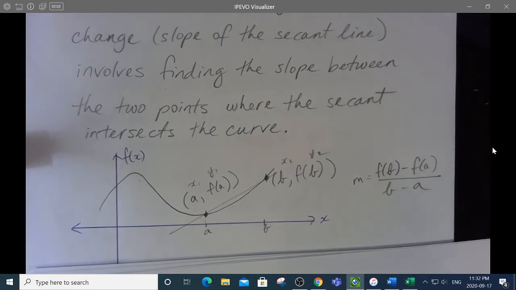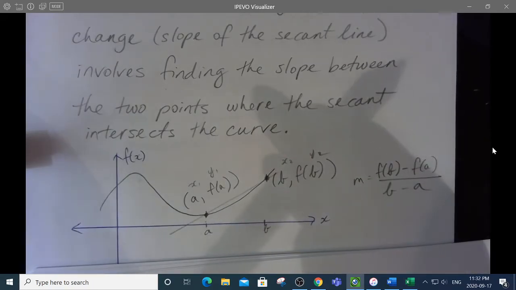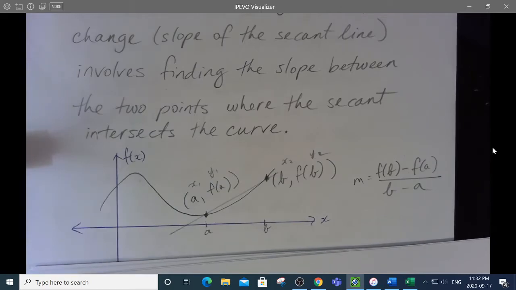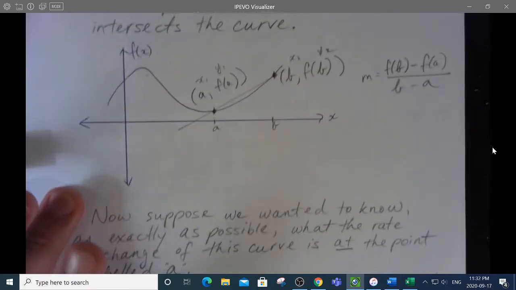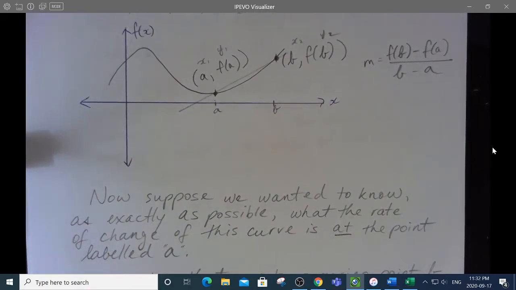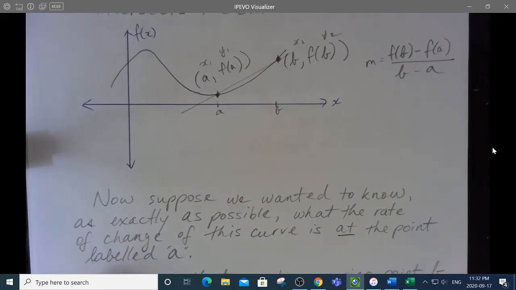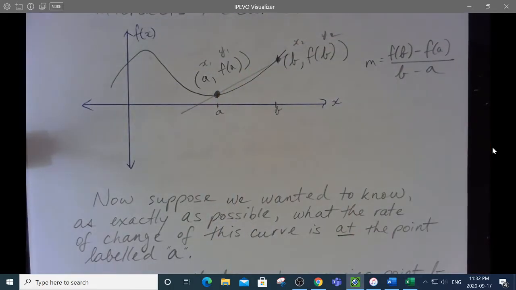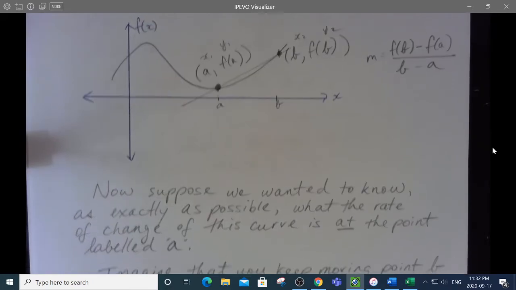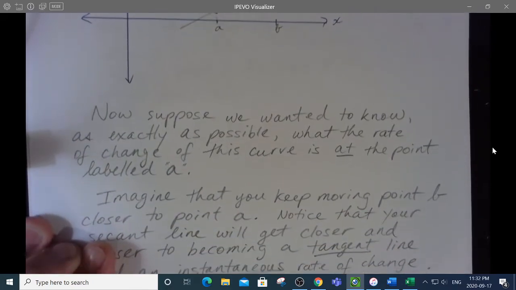Now, like I said, this might not be the most accurate way to represent change of slope or rate of change, especially if now, let's suppose we wanted to know as exactly as possible what the rate of change of this curve is at the point labeled A. Imagine that you keep moving point B. Let me move up here.